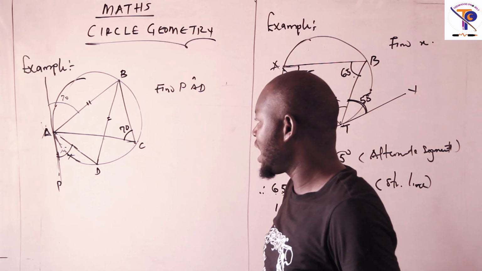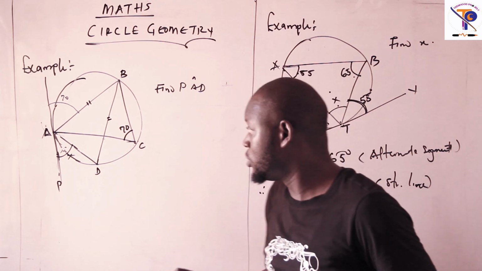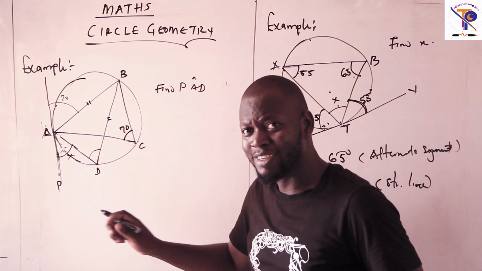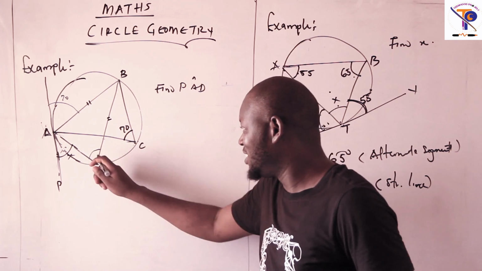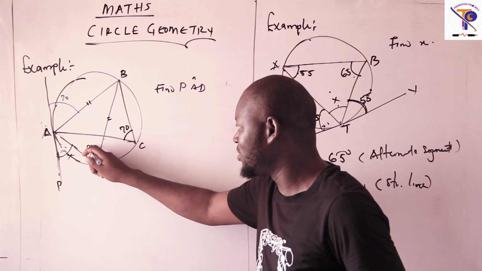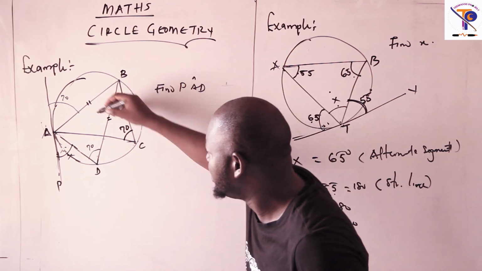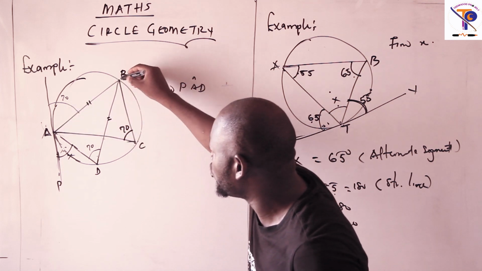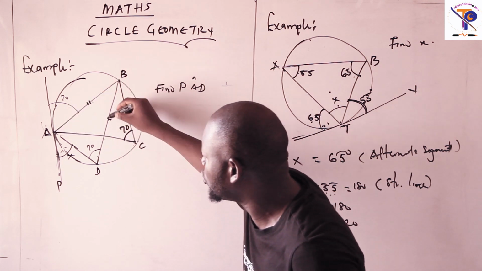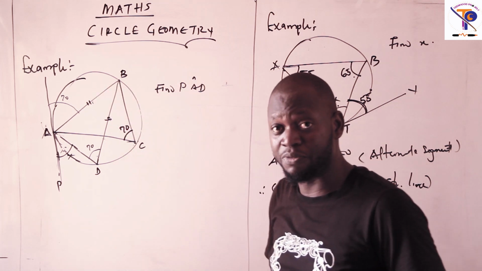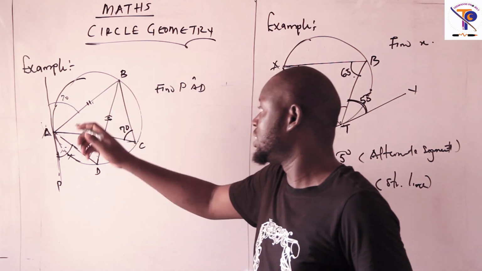Then once I have alternate segments and I know this angle is equal to this angle, do you remember? Same segment. Good. So if this is equal to 70 and this is equal to 70, then AB is equal to BD according to the instruction given to us. Look at the sign. I have drawn it before now, so you should have noticed that.